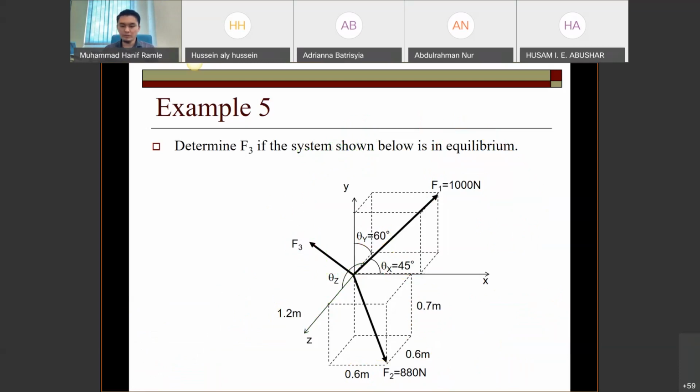Is there anyone got it? 707.1 for I, positive. 707.1, yes, correct. And 500 positive also for Y, for J. Yes, correct.